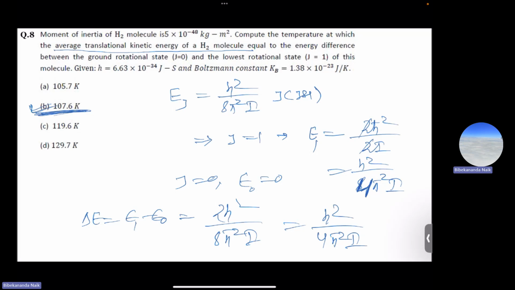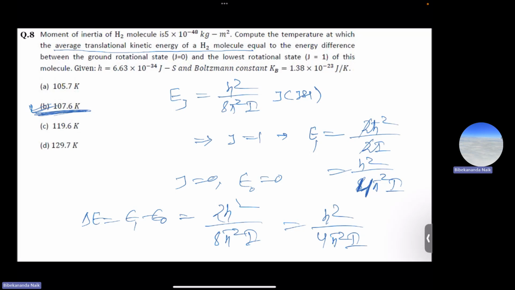This question was a bit tricky because it was given that the difference in the energy between two energy levels is equal to the translational kinetic energy, and the translational kinetic energy, according to the law of equipartition of energy, is half kT for each degree of freedom. So here, considering the 3-dimensional case, the average kinetic energy is 3 by 2 kT.